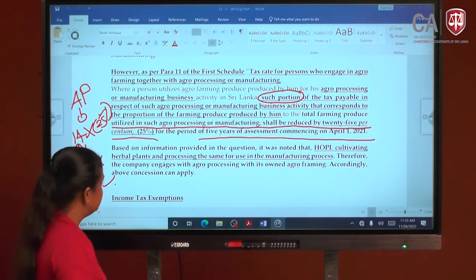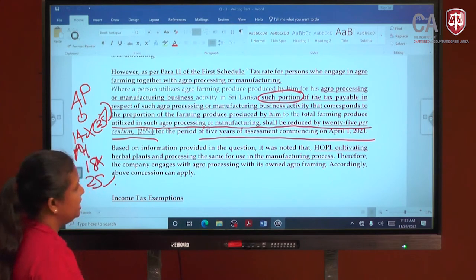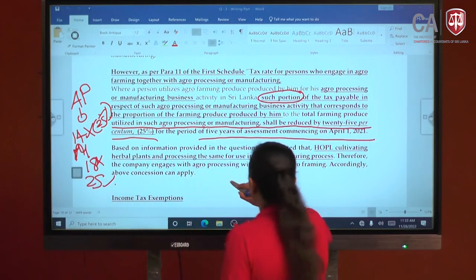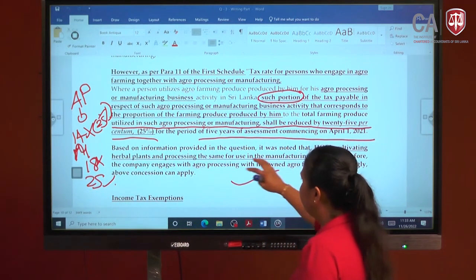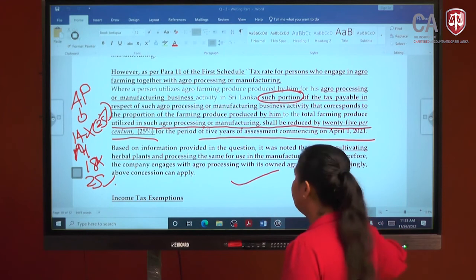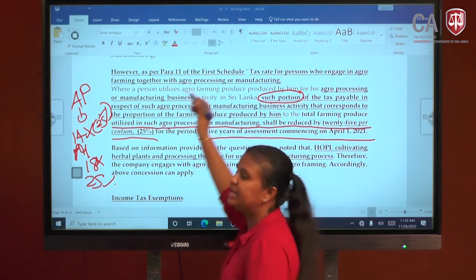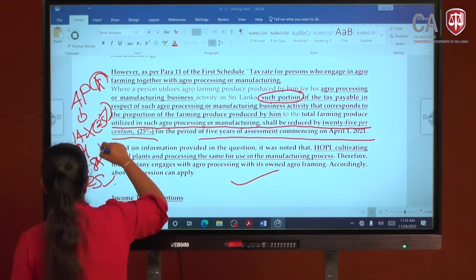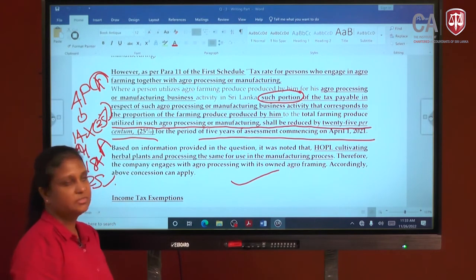Based on information provided in the question, it was noted that HOPL is cultivating herbal plants and processing the same for use in the manufacturing process, thereby the company is engaged in agro-processing based on agro-farming, and accordingly the above concession can apply. This is the theory part and this is the application of that. Okay?